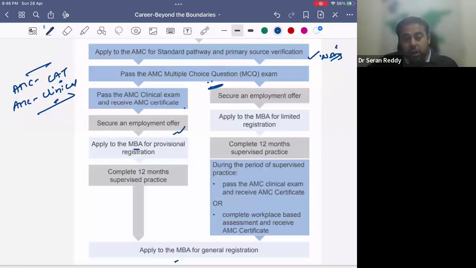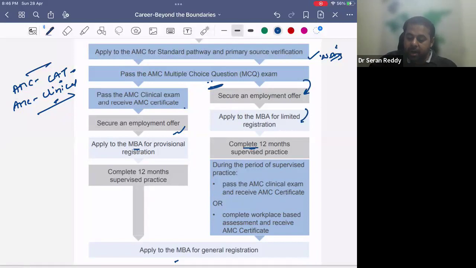There's another way. If you know someone in Australia who is a doctor and who can sponsor you, then by just passing AMC CAT, you can secure an employment offer, they can sponsor you, and you apply to the MBA for limited registration. Rather than doing the AMC clinical initially, here you can do 12 months of supervised practice.